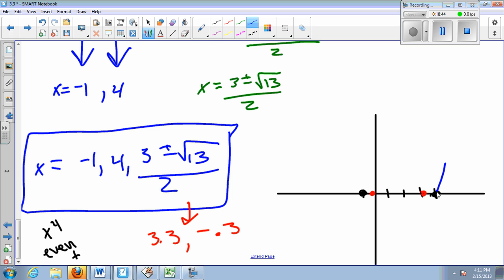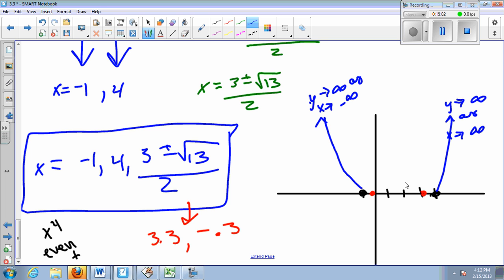So we know y approaches infinity as x approaches infinity. We also know y approaches infinity as x approaches negative infinity. And so you can test points, and you'll get a graph to make the W like mine.